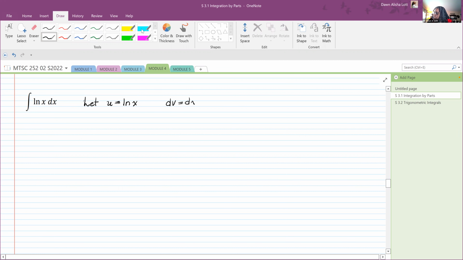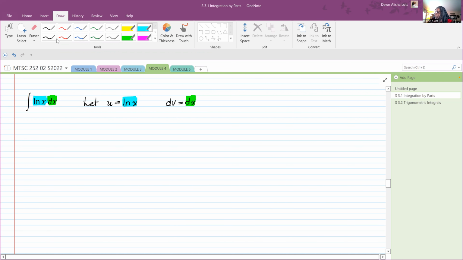Now, how did I come to that conclusion? Because dx and log x are the only two things in the problem, and dx is a differential, so it has to be dv, which means the only thing left in the problem, the log of x, has to be u.